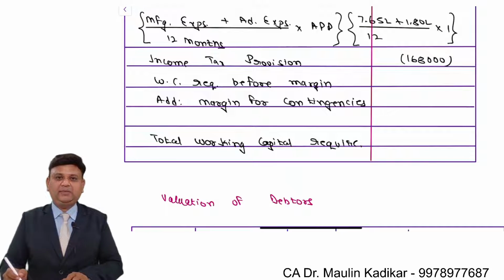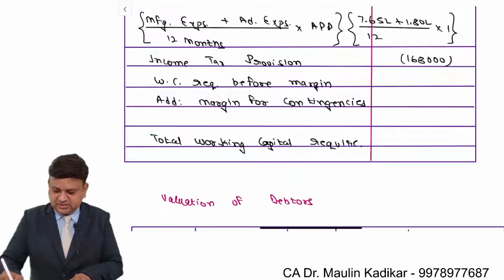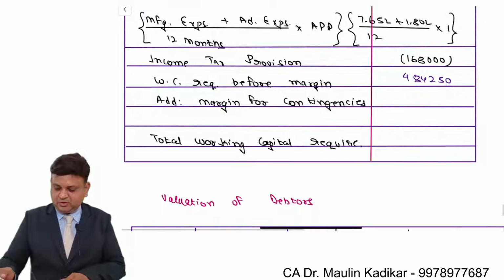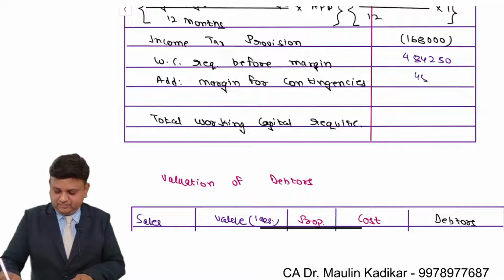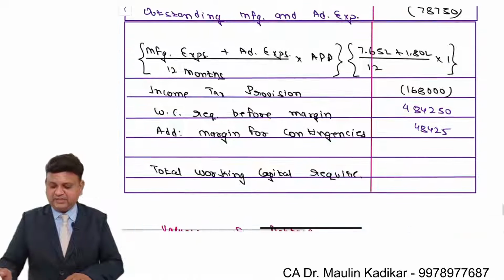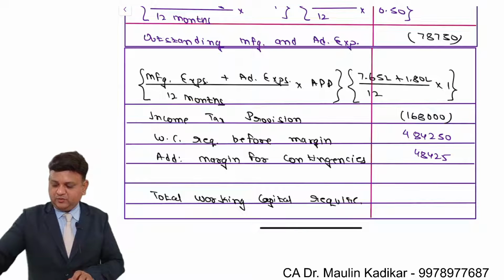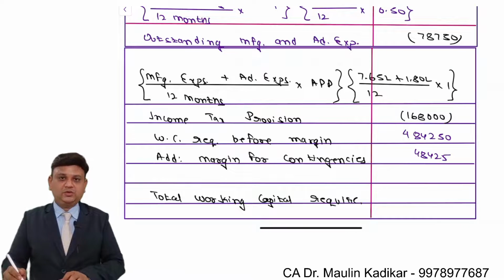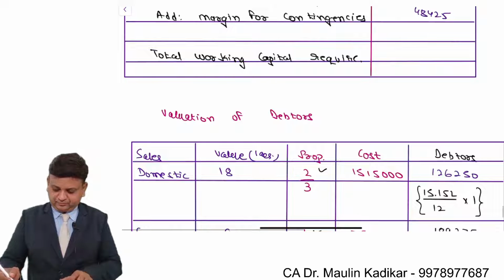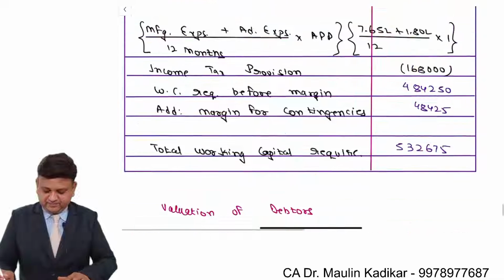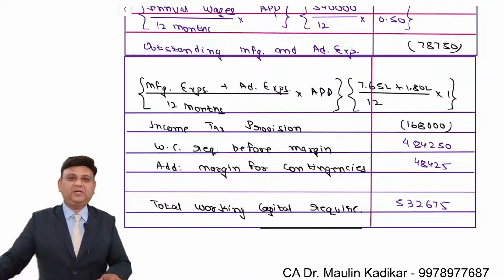So the working capital requirement before margin for contingencies is 4,84,250. Then 10%, 48,425. With that we make the calculation: 484,250 plus 48,425 is 5,32,675. This is the way working capital requirement is found.